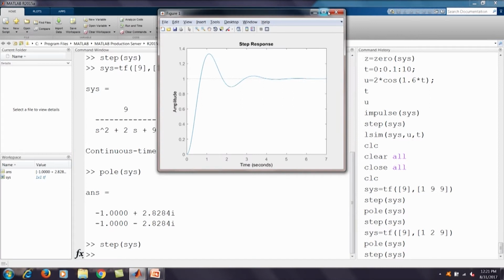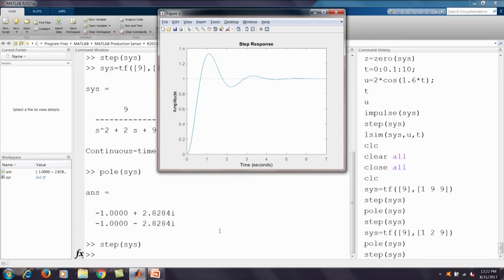You can see that when the poles are complex, we have an underdamped system, so damping is between 0 and 1. In the earlier system, when the poles were distinct and real, the system was overdamped. Here we have an underdamped system, and we can see that the amplitude is decaying with time, and there are some oscillations.